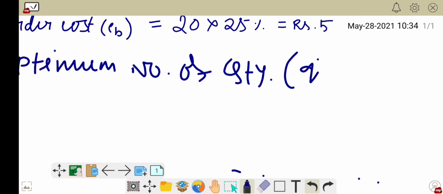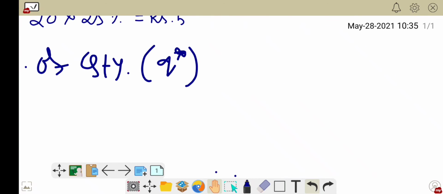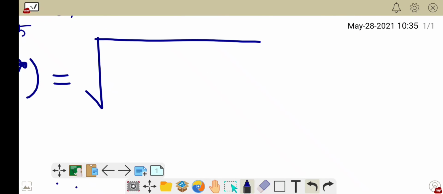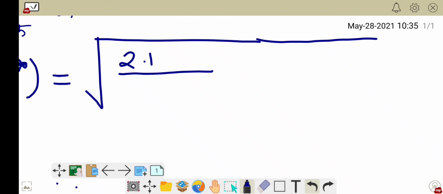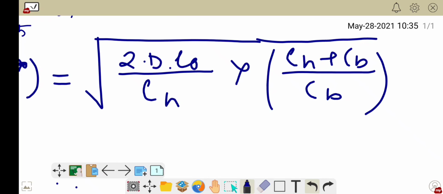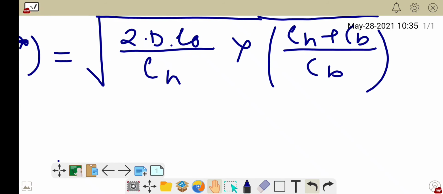We denote that with Q star, and the formula becomes the square root of 2 D C0 into CH plus CB divided by CH into CB. Okay guys, so this is the formula. Now we will put the information in that and we will calculate our EOQ.